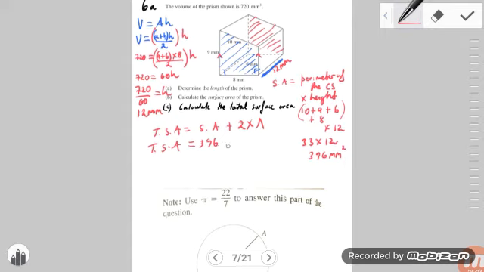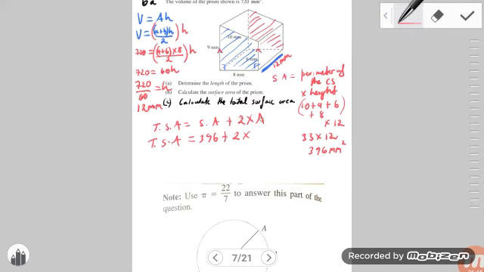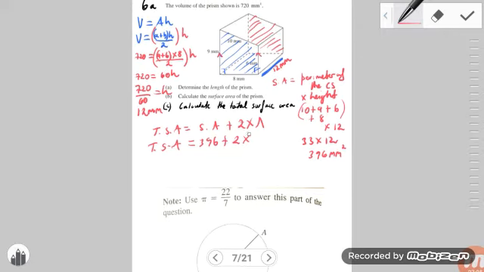So that's going to be surface area, which is 396, plus 2 times the area of the cross section. The area of the cross section is just a trapezium, which is half A plus B times H, or A plus B times H divided by 2. We had already found that right here: A plus B, that's 9 plus 6, times H, which is 8, divided by 2. We had already found it to be 60. So it's just 2 times 60 here.